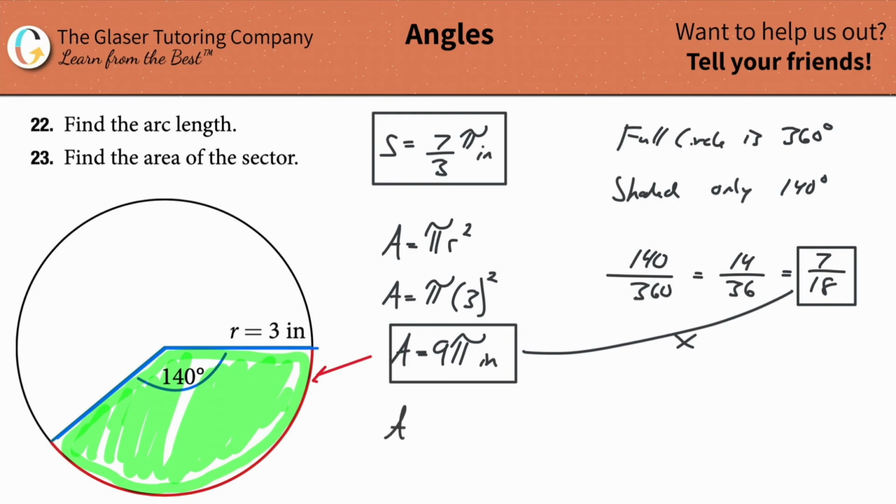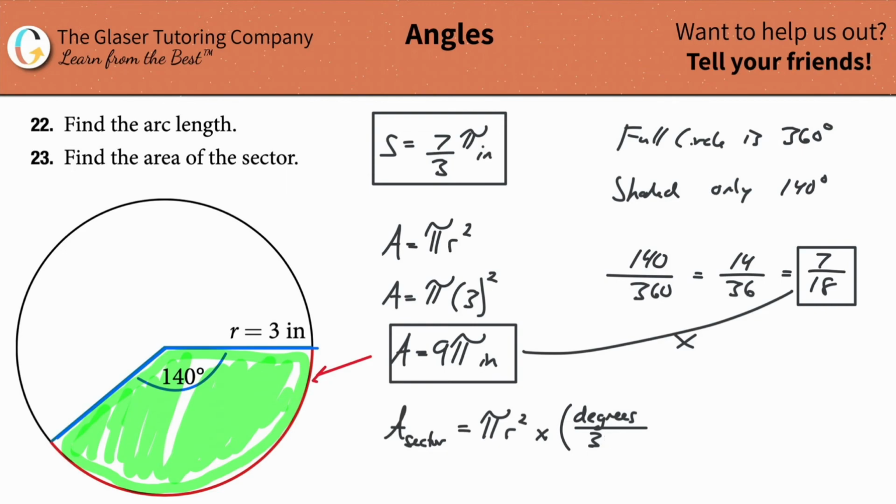The area of a sector is going to be equal to pi r squared, just like we had over here, multiplied now by the degrees that you're given for the sector, which was 140, all divided by 360.